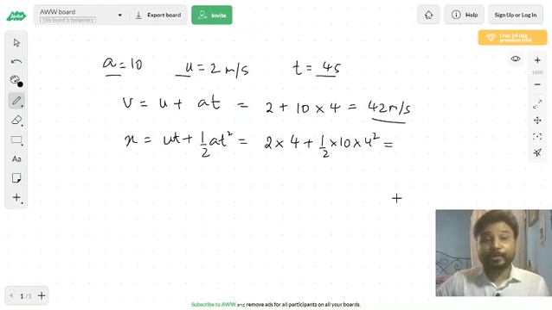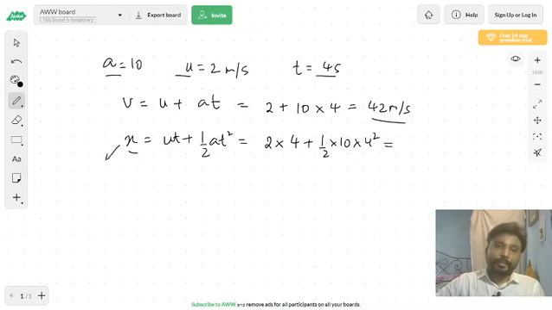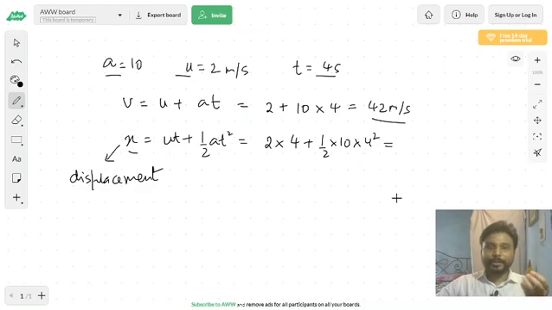This expression would give us the displacement of the particle. So the displacement x is ut plus half at square: initial velocity 2, time 4, half, acceleration 10 and time squared. That would be 8 plus 80, so that would be equal to 88 meters. That is the displacement.